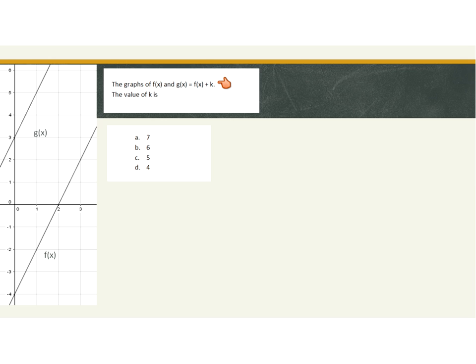What they're saying is that this k is the change. So here you have f of x, and here's g of x. How many units did it change? All you really have to do is count how many units it went up. So 1, 2, 3, 4, 5, 6, 7. So it should be A equals 7.